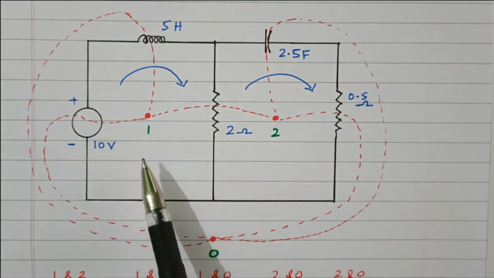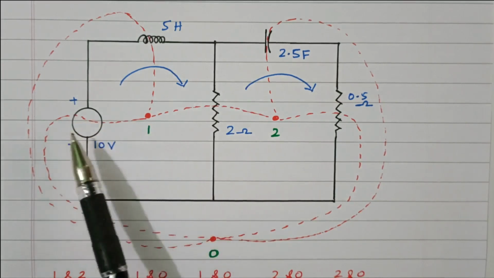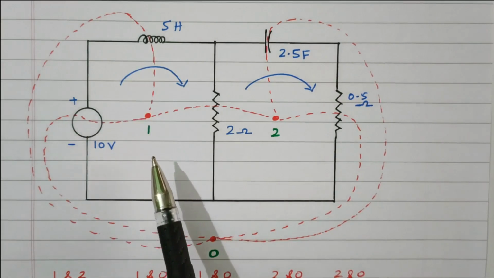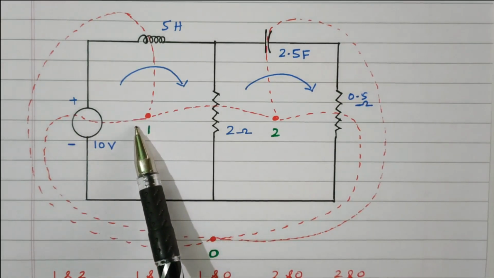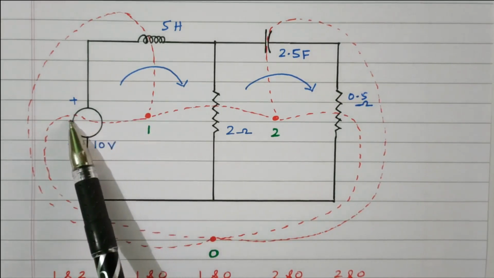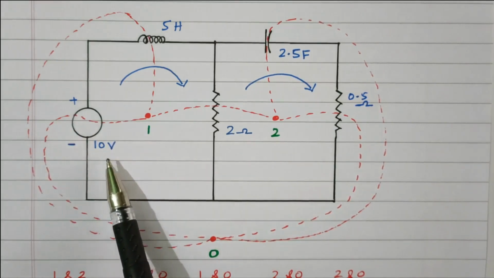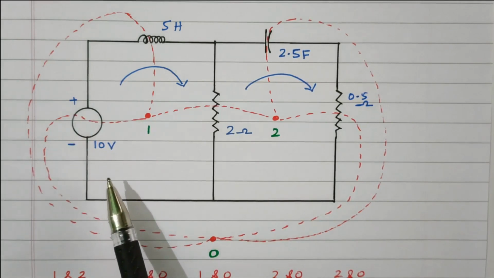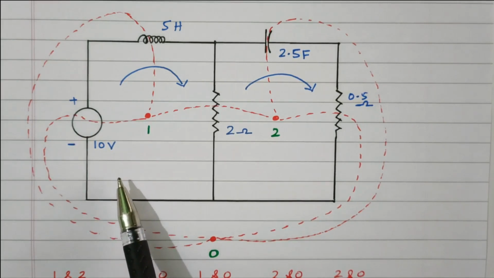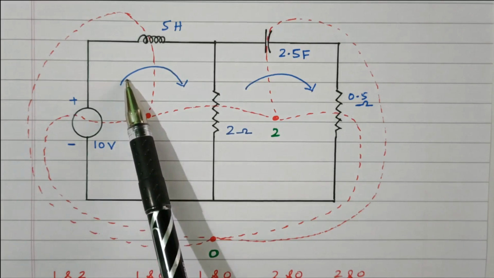Between 1 and 0, 2 elements are available: one is a voltage source, another one is an inductor. So draw the dotted line between 1 and 0 through the voltage source. Now this voltage source will be converted into a current source of 10 ampere. Whether it is rising or falling is decided by the current direction.